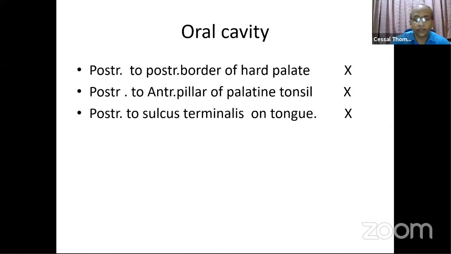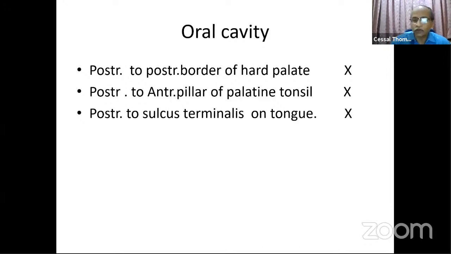And coming to oral cavity, I am not going to tell anything posterior to the posterior border of hard palate, posterior to the anterior pillar of palatine tonsil, and posterior to sulcus terminalis on tongue. In another way, all these are the borders of oral cavity.